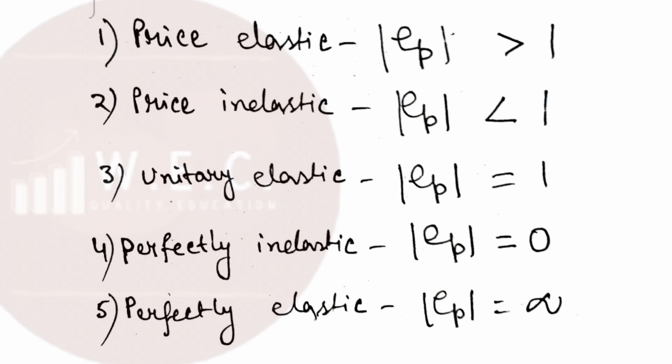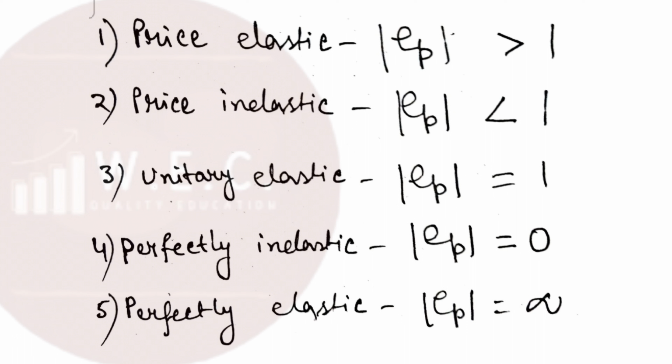In some cases, price elasticity is equal to 0. In this case, the good is called perfectly inelastic. For a perfectly inelastic good, even if price rises, quantity demanded doesn't change. So price elasticity of demand becomes 0.